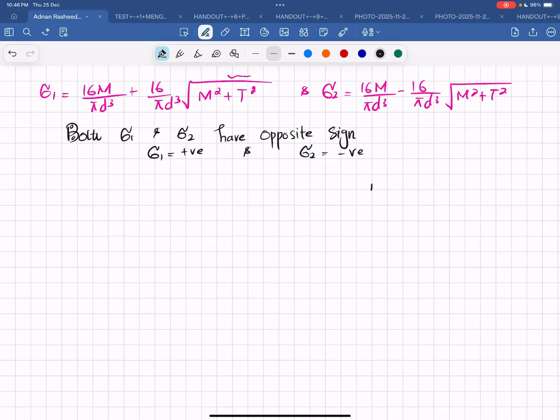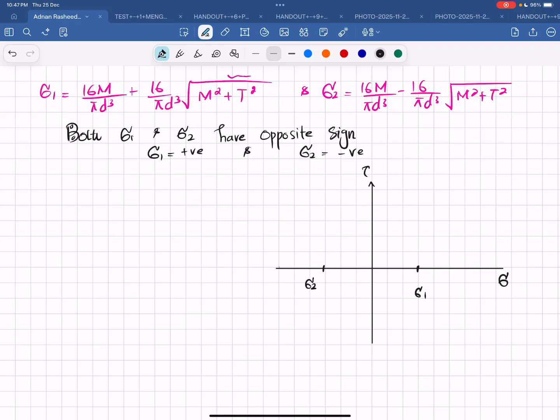So if I plot them on the axis for Mohr circle, the x-axis will have normal stress, and on the y-axis we have shear stress. So let's say this is your sigma 1 and this is your sigma 2.